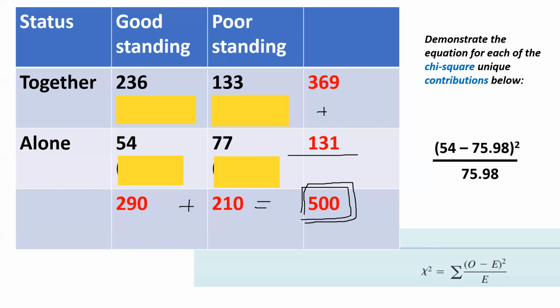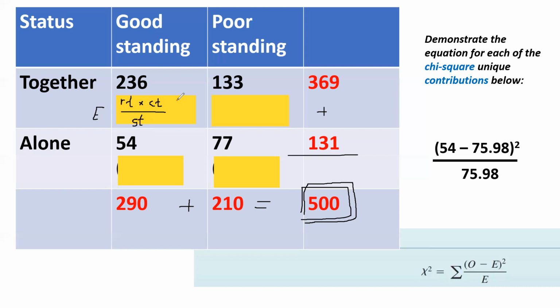All right, now what's next is we want to calculate the expected frequencies. Now I'm going to do this together with us. The expected frequency for this right here is going to be the row total, I'm going to say RT, times the column total divided by the grand total, right?